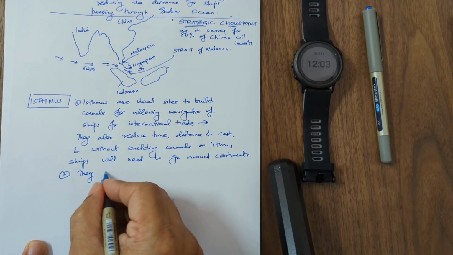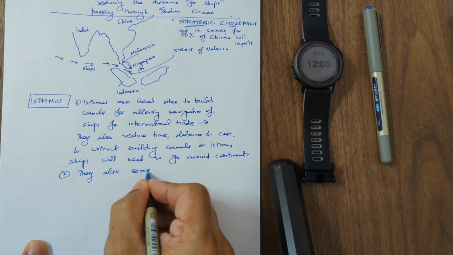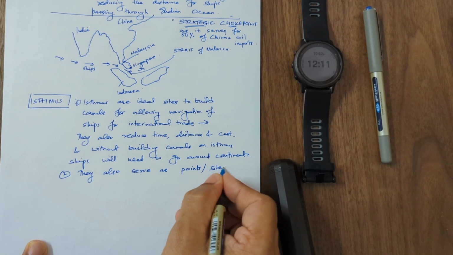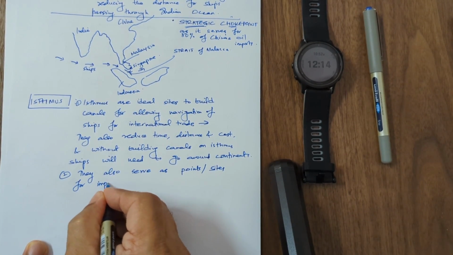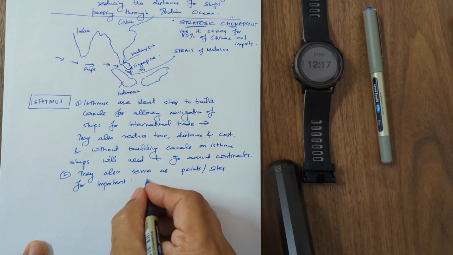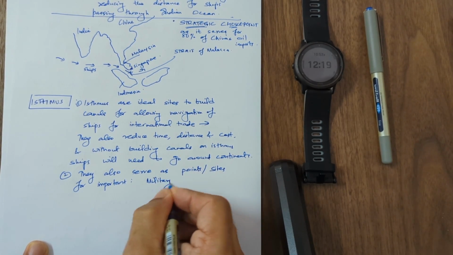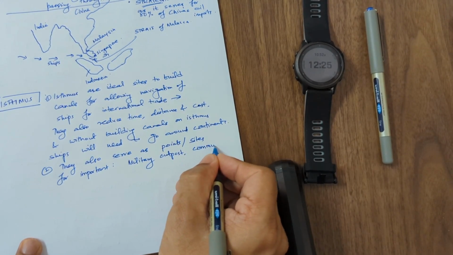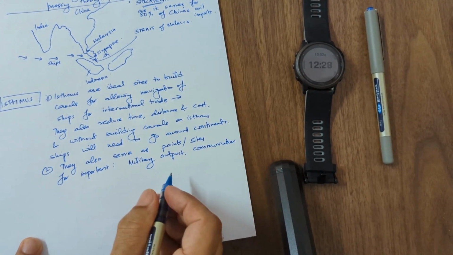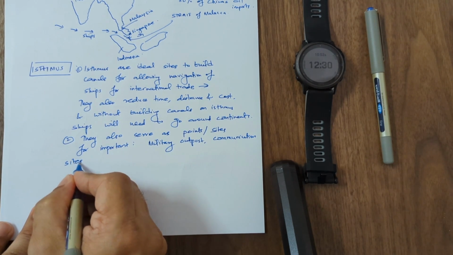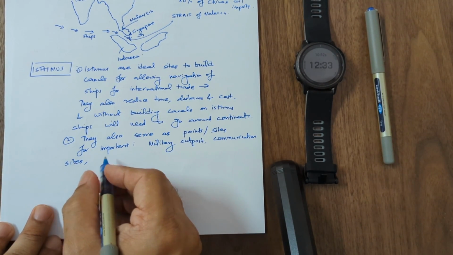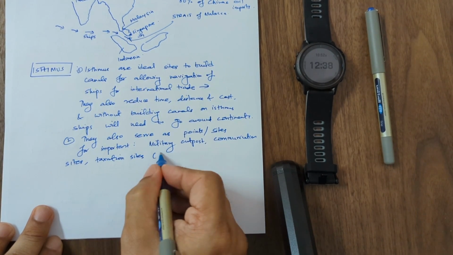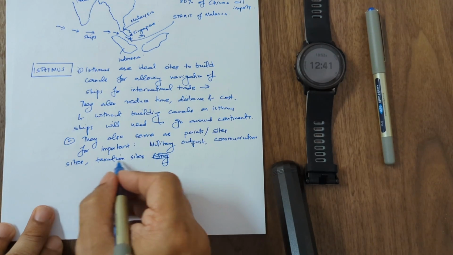They also serve as sites for important military posts, military outposts, communication sites, communication sites, taxation sites. Right, Singapore is a taxation site. Singapore is not an isthmus, so you can leave that.